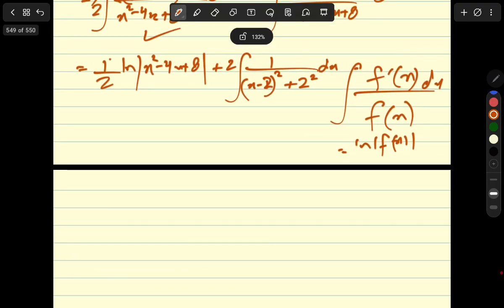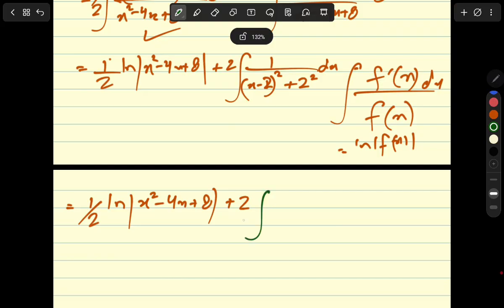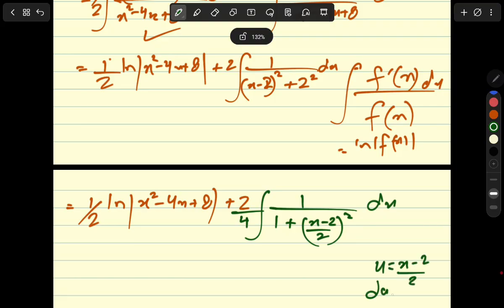Now we already have the first integral, which is half of ln (x squared minus 4x plus 8), and then plus twice of the integral of this. I can take 4 common again. So this becomes 1 plus ((x minus 2) over 2) whole square, dx. Now u is equal to (x minus 2) over 2, and du by dx is just half.